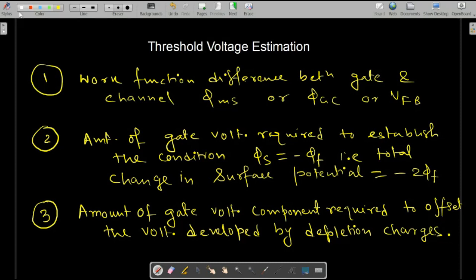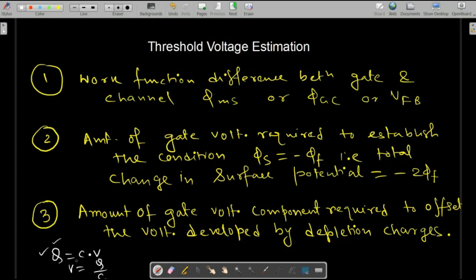From the basic charge voltage relation, Q equal to C into V. The voltage developed when a charge of amount Q is present is V equal to Q by C. So you can say there is a capacitor with charge Q, capacitance C, and voltage across the capacitor V. Similarly, when the depletion layer is created, there is some depletion charge Q depletion.